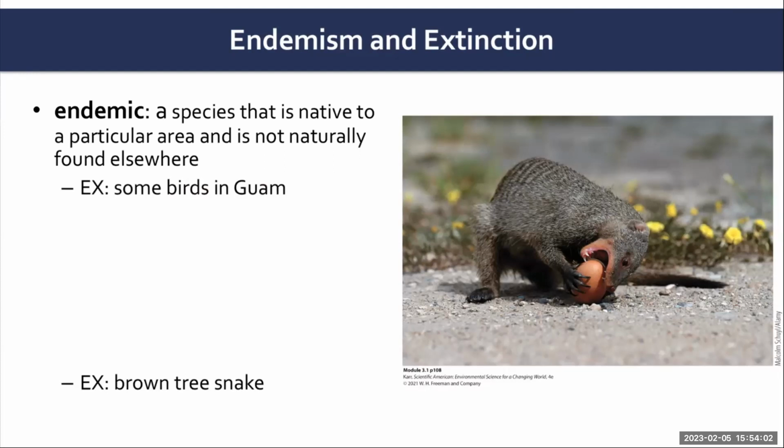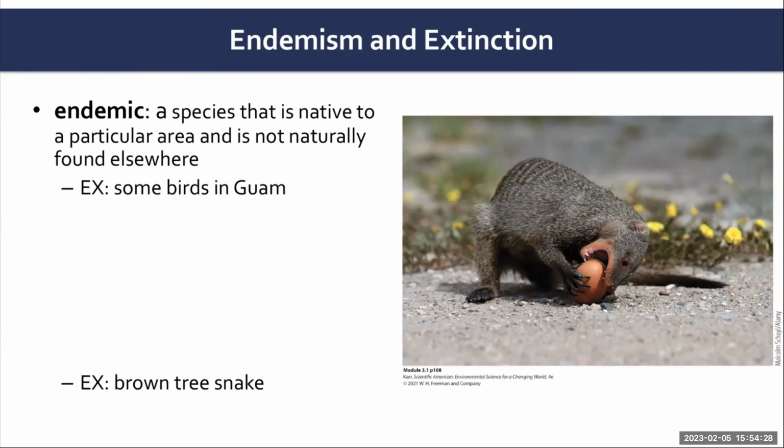Okay, so in thinking about invasive species and this issue of coevolution, I want to define two more terms. One is the concept of endemism. A species that is endemic is native to a particular area and not found anywhere else on Earth.